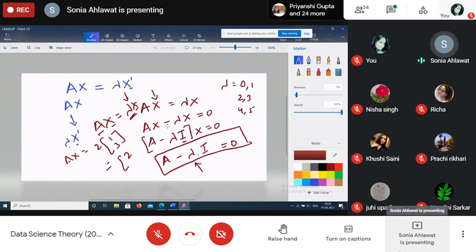Can I write it to be as 2 and 6? Yes, ma'am. Now it is a vector. So can I say that if I multiply a vector with a matrix, I am getting a value as 2 and 6? Yes, ma'am.